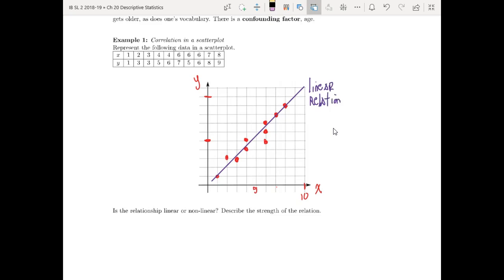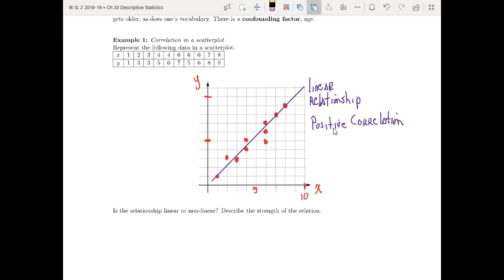You have a positive correlation. How would you characterize the strength of the correlation? Strong, medium, weak? Moderate.